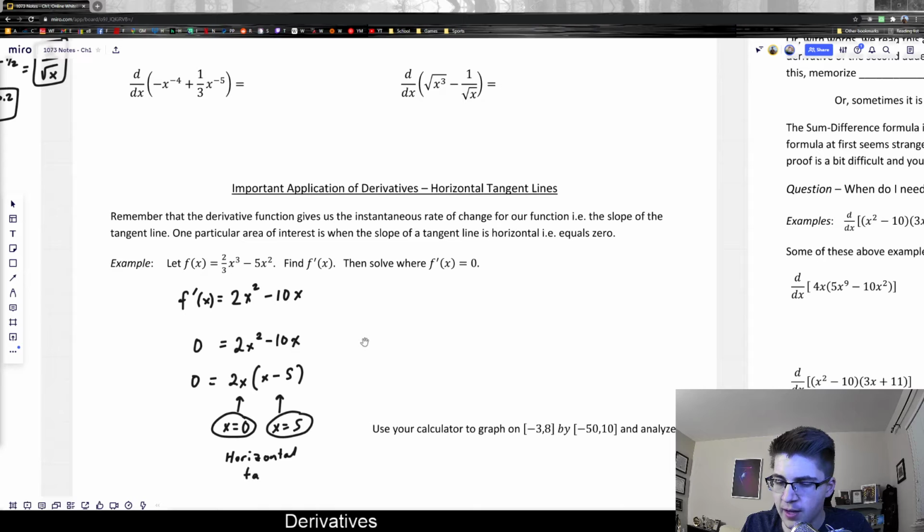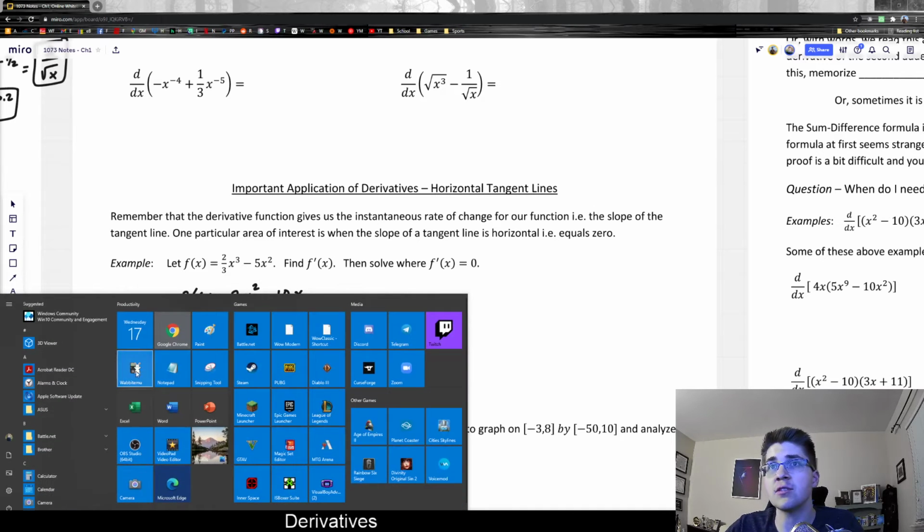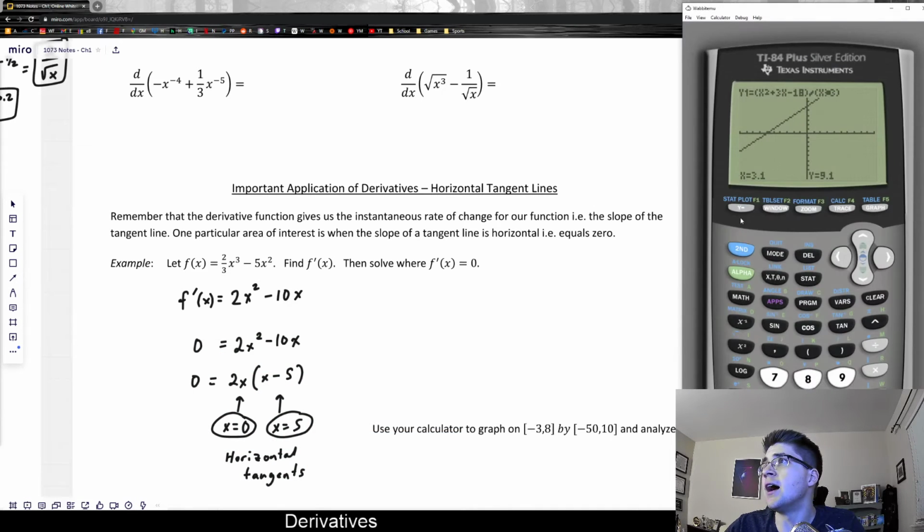And again, we'll define these to be called critical points later. But let's go ahead and check the graph of the function to see what this looks like. This is another way to find points like this. I could use calculus and algebra to do so, but I could also look at the graph and try to find where it has horizontal tangents just by looking for minimum and maximum points.